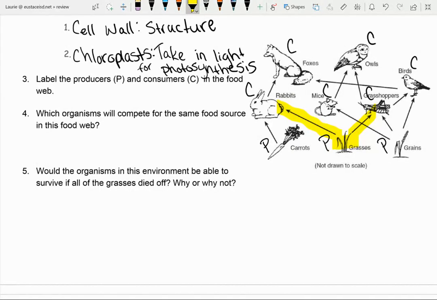That's saying that the grasshoppers are getting their energy from the grasses when they consume it. So if it's got two arrows leaving it, then it definitely has more than one thing consuming it. So my rabbits and my grasshoppers are competition. They are competing for grasses. So that's one example: rabbits and grasshoppers.